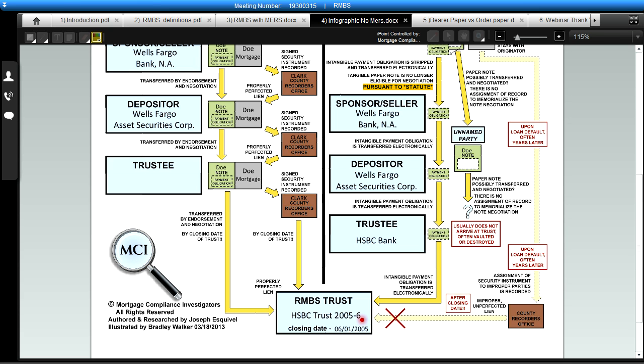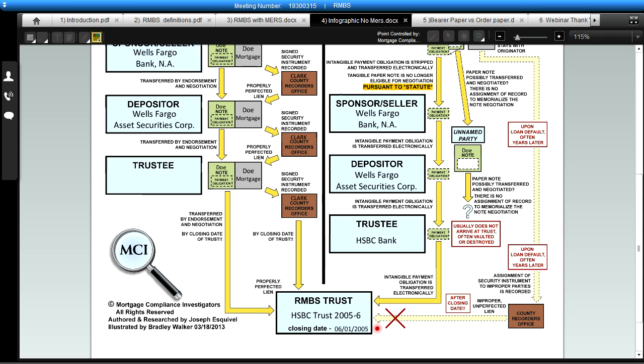Now, one of the things for this trust is that it has a closing date. This closing date is the last date in which assets can be put into the trust. Many of these trusts do have a 720-day extension that allows an asset to be put in or taken out, under what's called warranties and representations under substitution of loans.